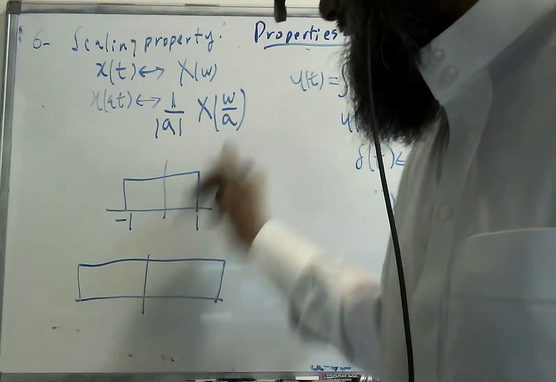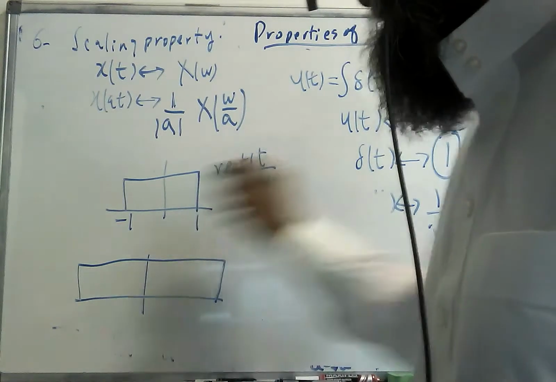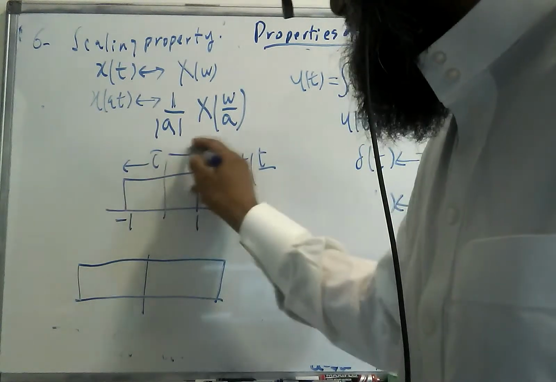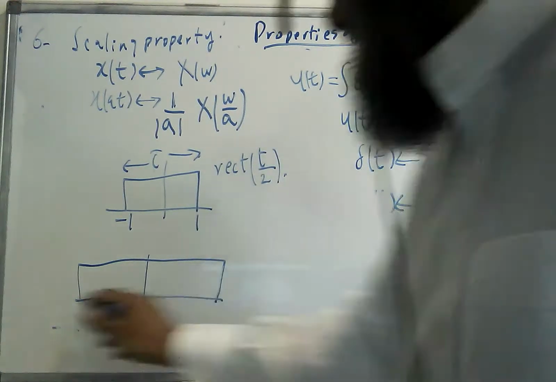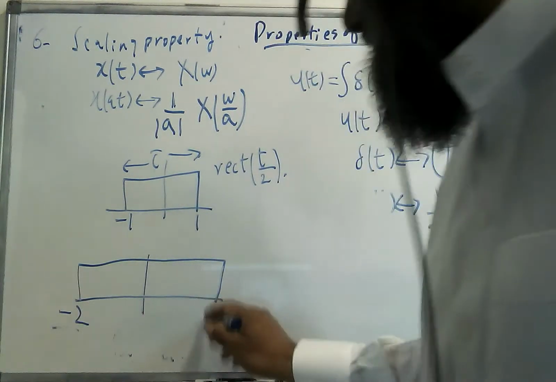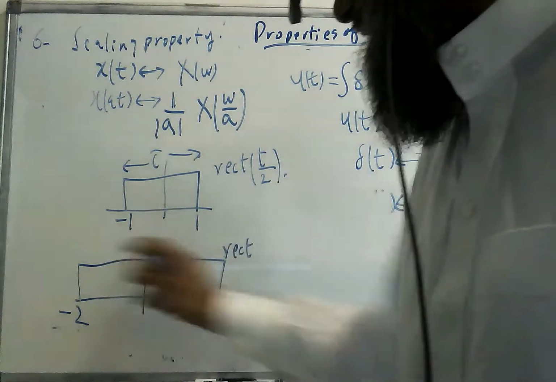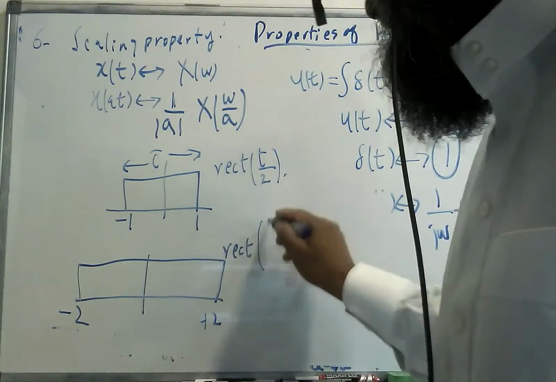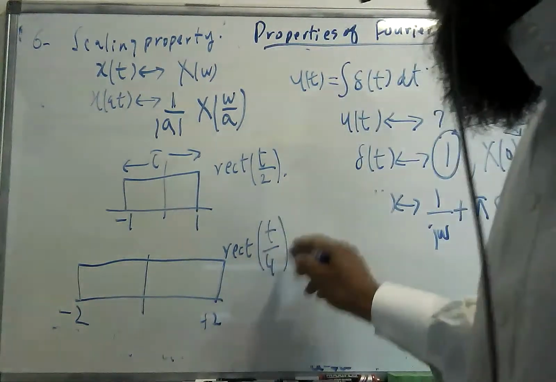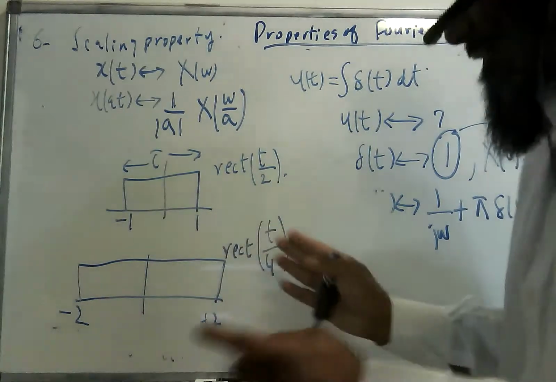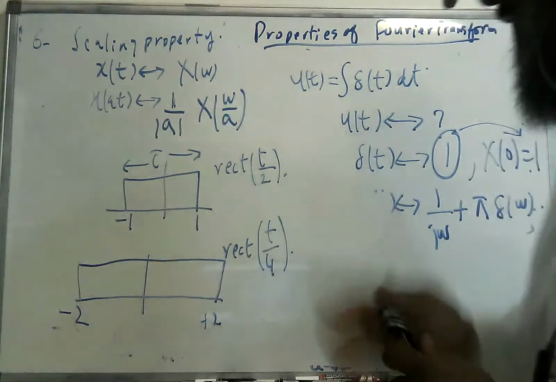This function is rectangular t divided by tau. So this is my tau, and in this case the tau is 2. And the second function, let us just take it from -2 to +2. Now my tau is double, so it will be rectangular t divided by 4. So it is expanded. So in the Fourier transform, we should see a compression according to the property.